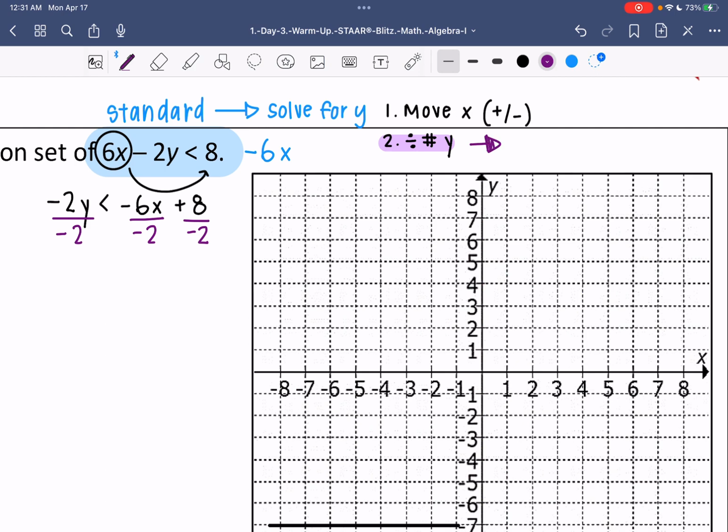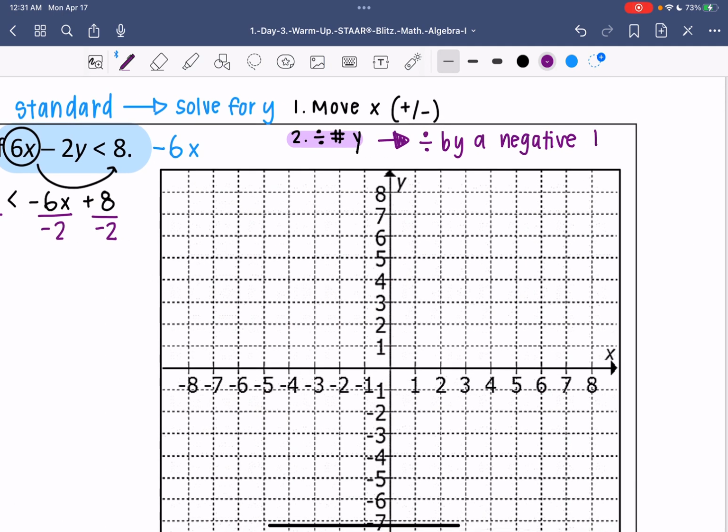Whenever that sign in the middle is not an equal sign and it's an inequality, you must pay attention to what you're dividing by. Because we're dividing by a negative, our rule is that you must flip the sign.